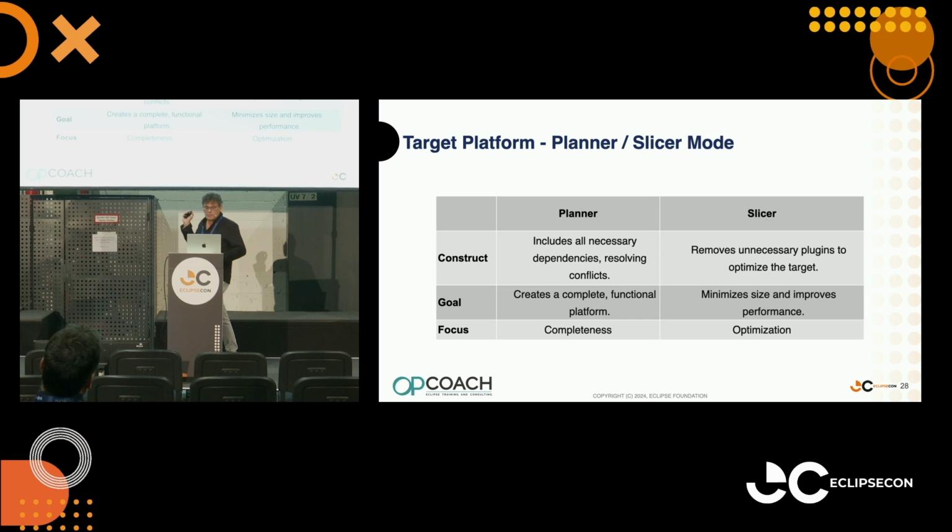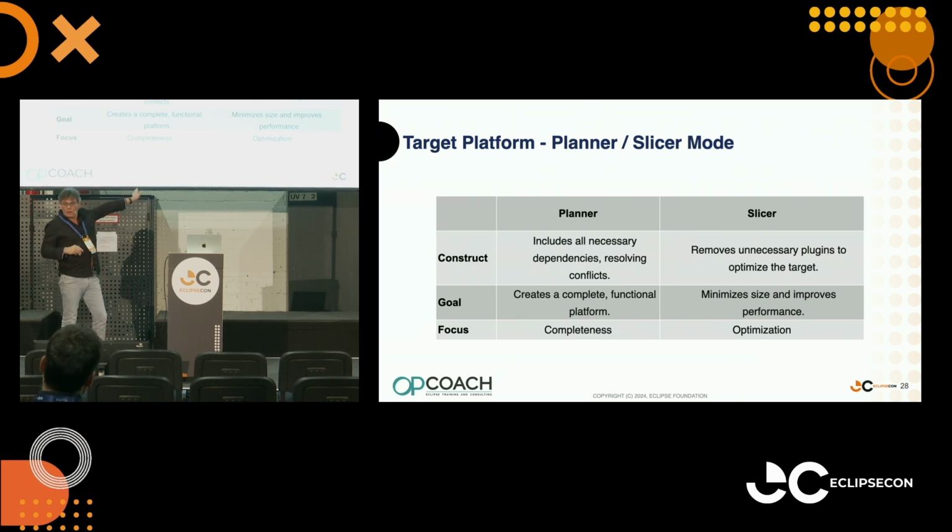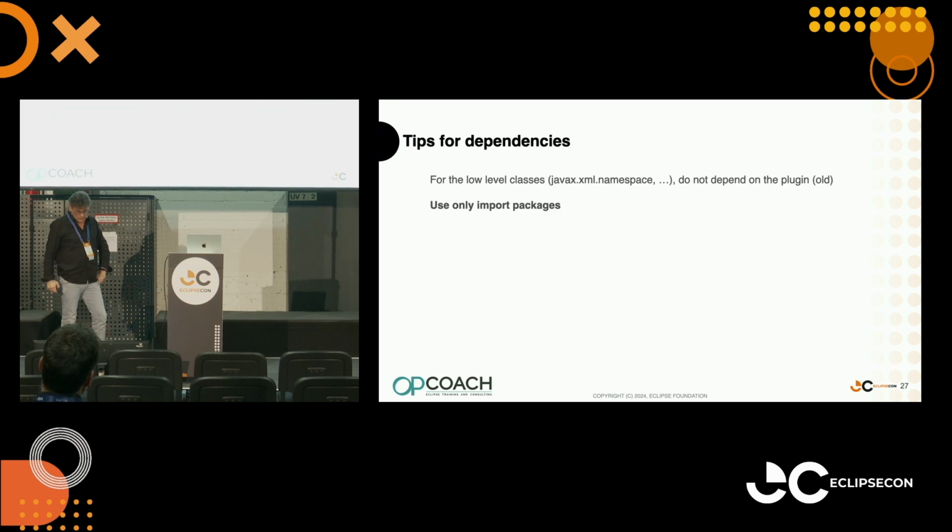Yes, the slicer mode is a kind of target platform that is generated to be optimized and to contain really the minimum set of plugins, while the planner mode, which is the default one, so you don't have to care about that in the daily work. But if you need to optimize, just search documentation about this, and you can change this mode directly in the target platform definition.